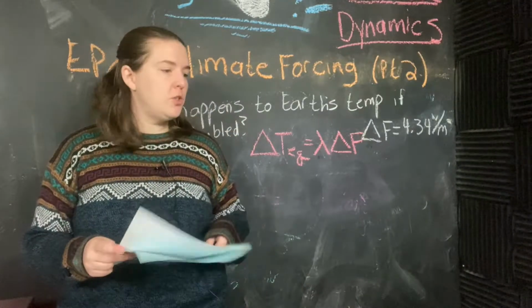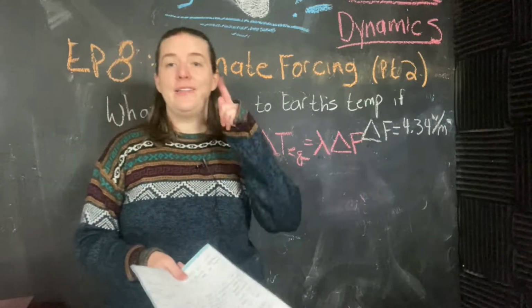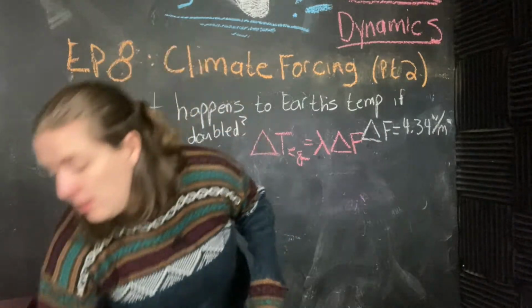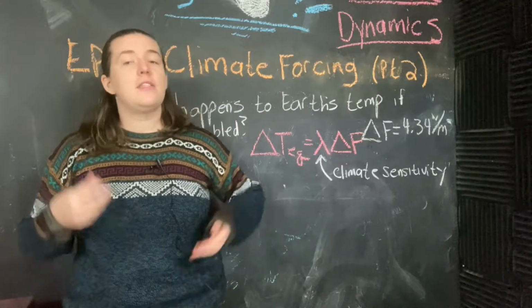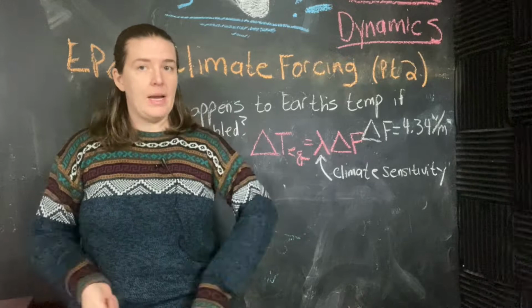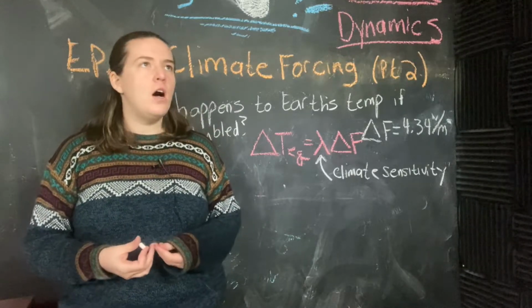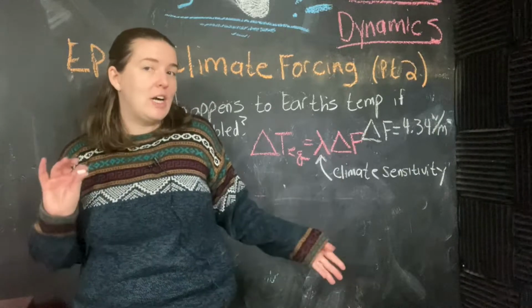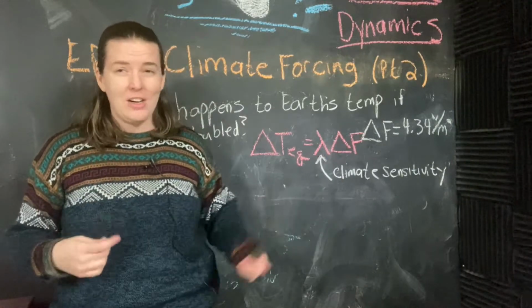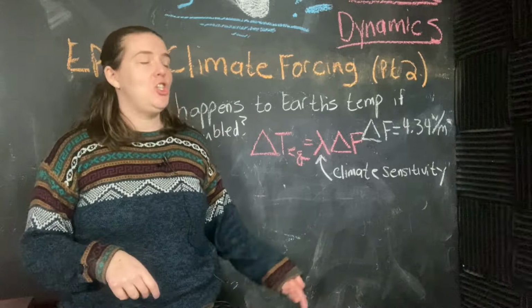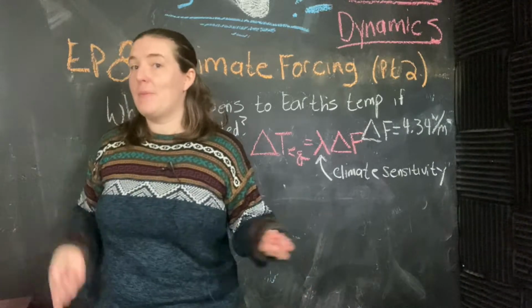Oh, shoot, these are my notes from the last video, not this video. That's not helpful. Lambda is called the climate sensitivity parameter. And what's kind of cool about this number is that it's not dependent on what's trying to change Earth's temperature, right? It doesn't matter that we're changing Earth's temperature by affecting carbon dioxide.